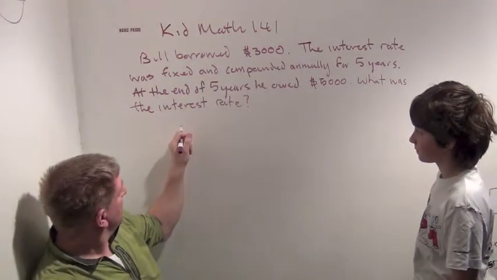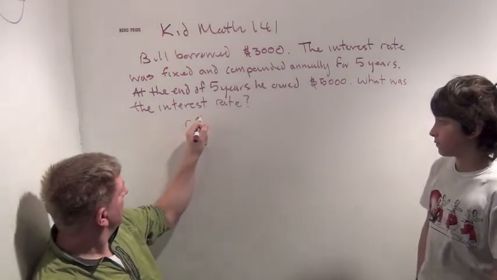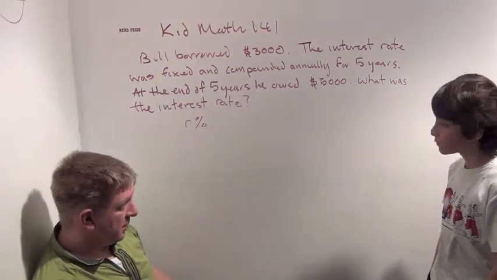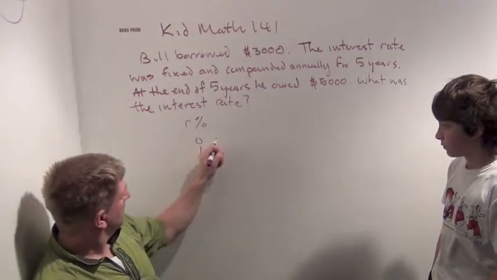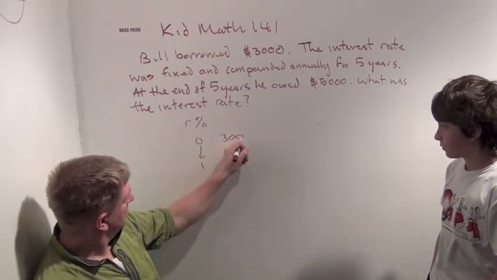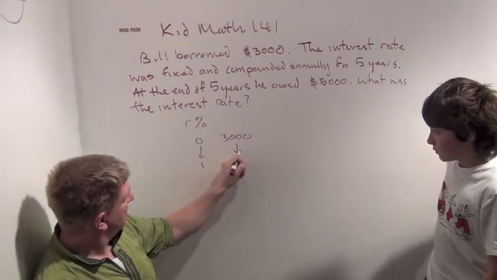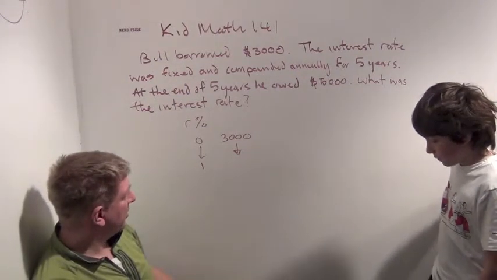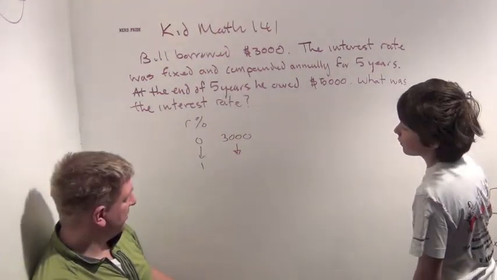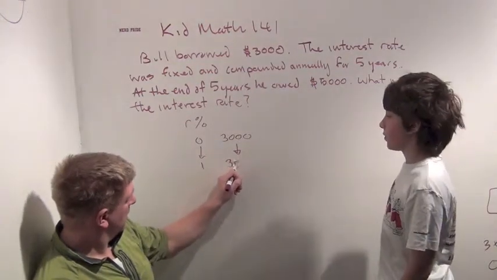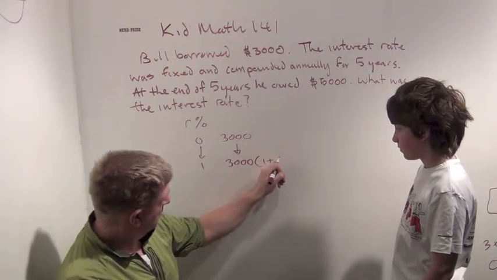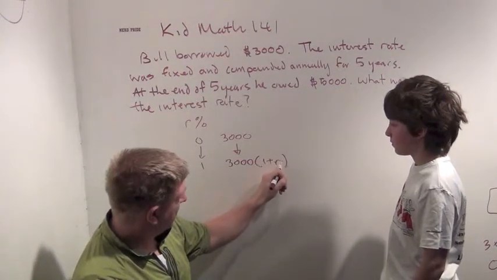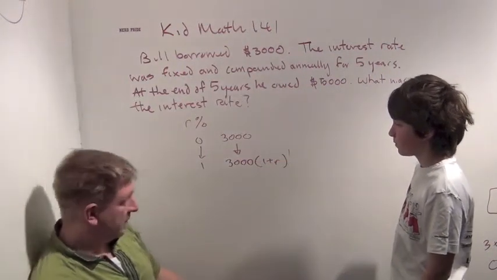So we're trying to find the interest rate, R%. We know from year 0 to year 1, we started at 3,000. If it compounded at R% for 1 year, how much would he have owed? 3,000 times 1 plus R. I'll just write it as R to the first power.